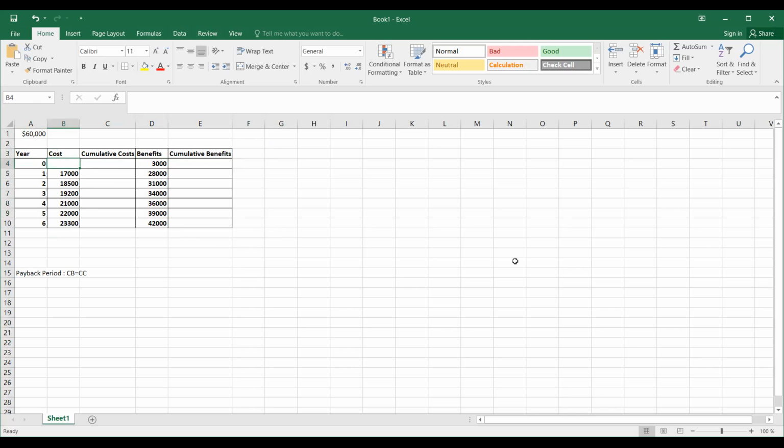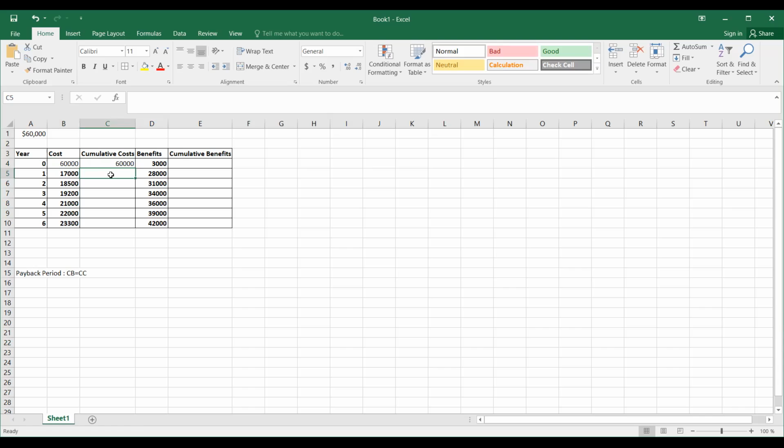So year 0, the cost is at the moment blank. The cost here would be the cost of the system, which is $60,000. So that is what you fill in. Now cumulative cost is whereby each and every cost incurred in the years, you add up with the initial costs. In other words, for your very first year 0, the cost is just $60,000. In the first year, you had another cost of $17,000 come in.